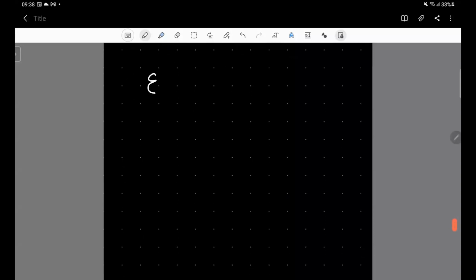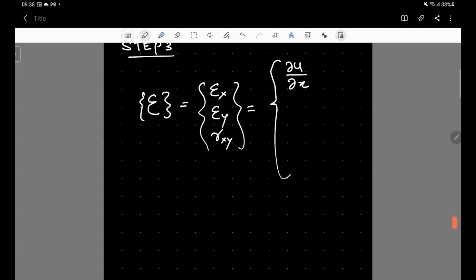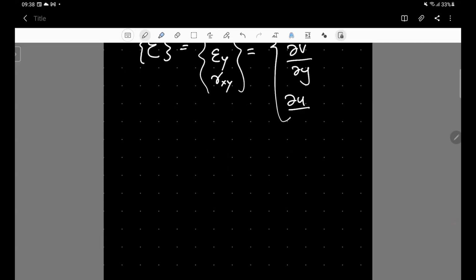So we are interested in defining the strain within the element, and for this we define 3 terms: strain in X direction, strain in Y direction, and the rotation, of course shear strain in the XY plane, which we can conveniently describe by using the derivatives of the displacement functions. So I will directly use this now.